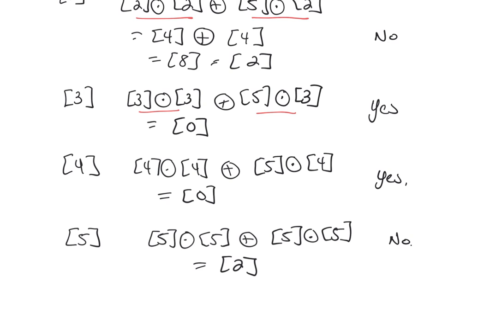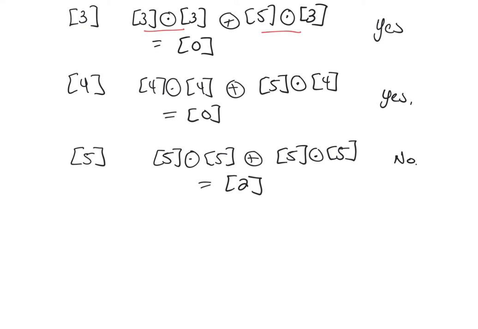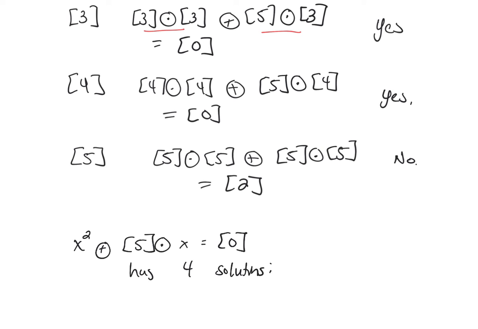So our equation x squared plus 5 times x equals 0 has 4 solutions, and those solutions are 0, 1, 3, and 4.